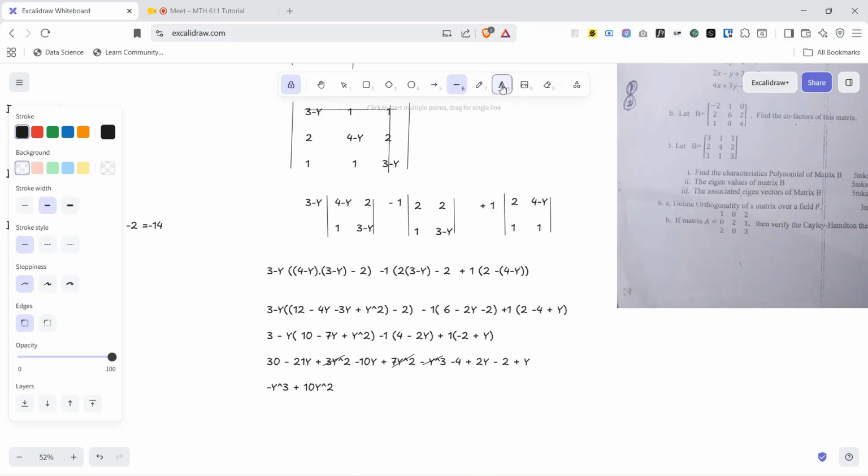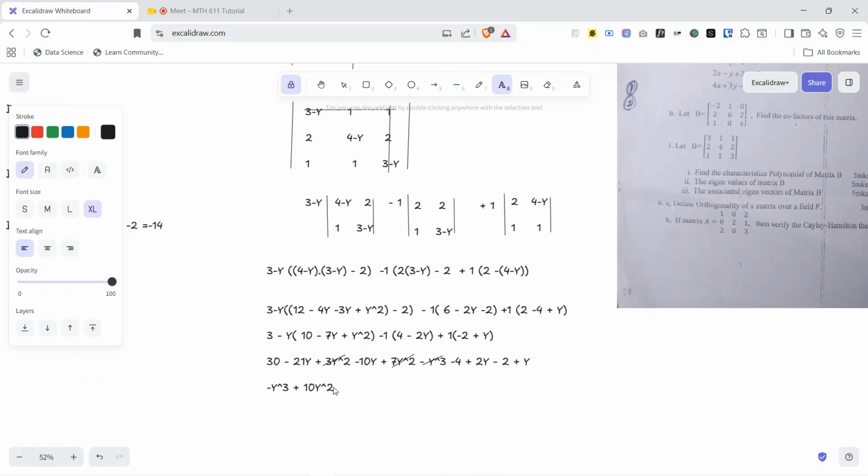Now, for the lambda, minus 21 minus 10, that is minus 31, right? Minus 31 plus 3 will be minus 28. Yes, minus 28 lambda.